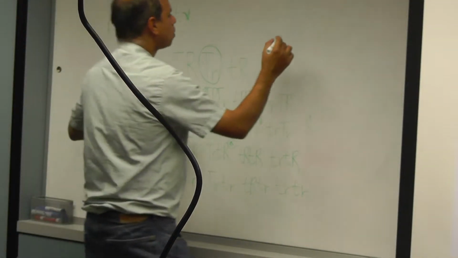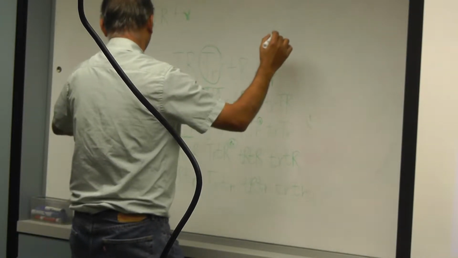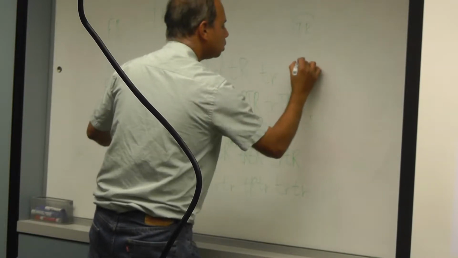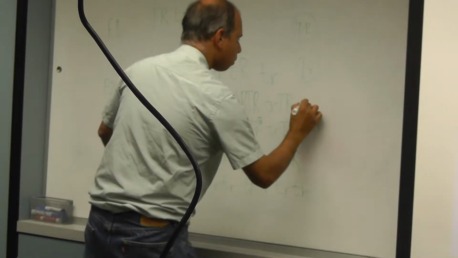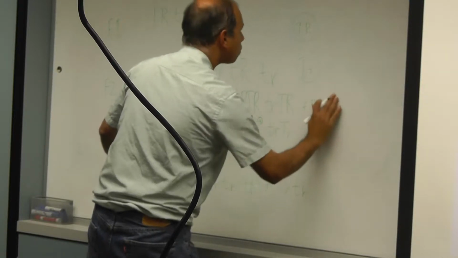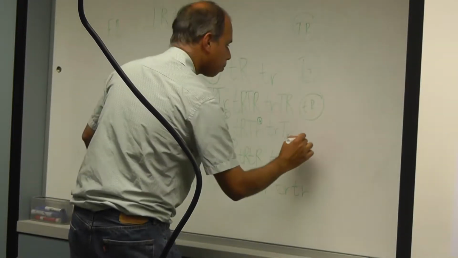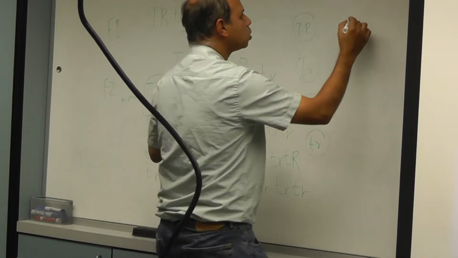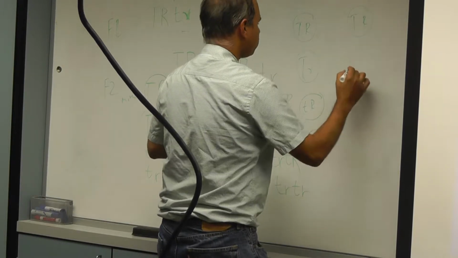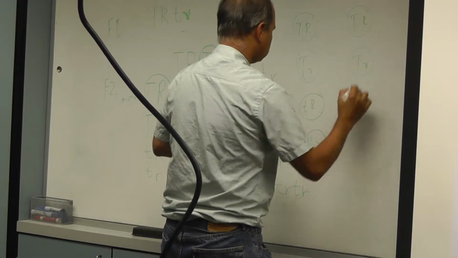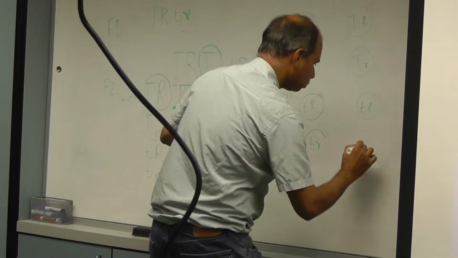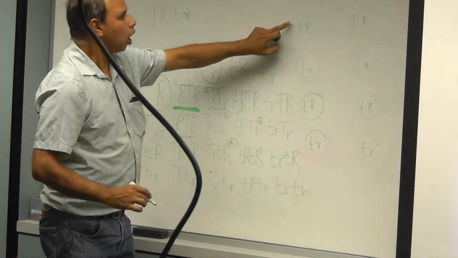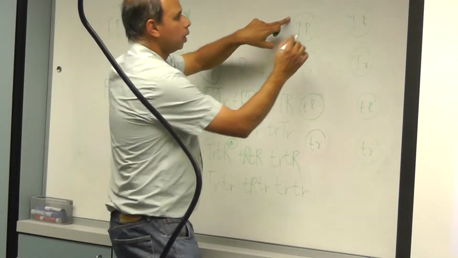So combination 1 is TR and TR, and you are combining this with another TR and TR. So how many different ways can the first one combine?